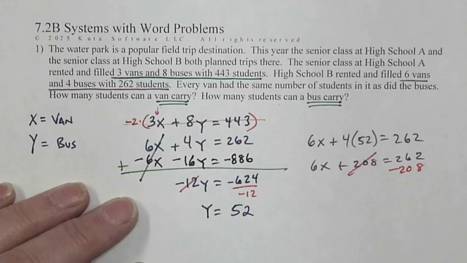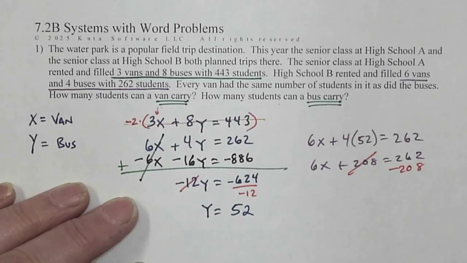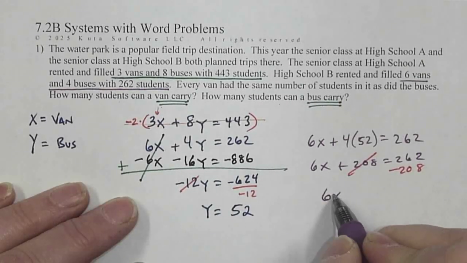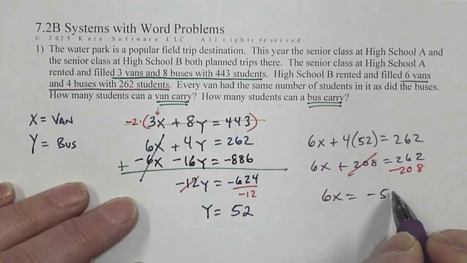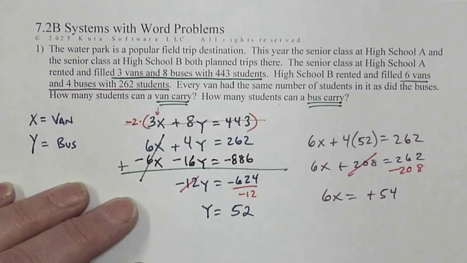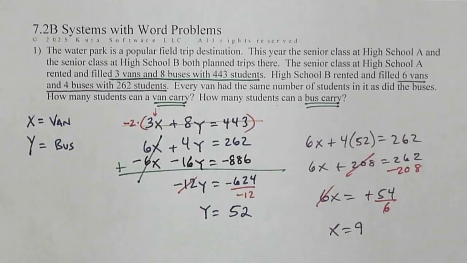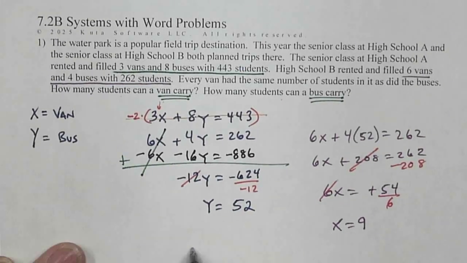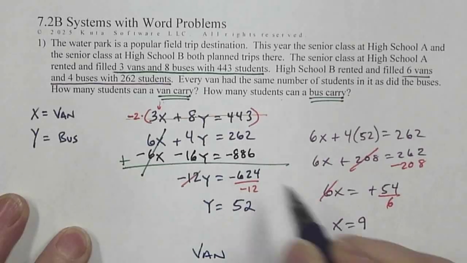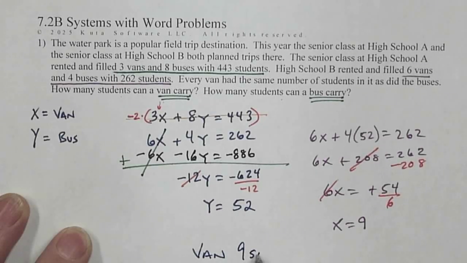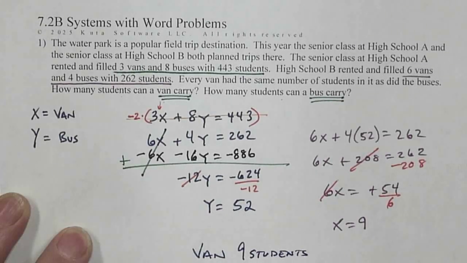I'm going to subtract, get 6x equals positive 54, divide by 6, and x will be 9. And so that tells me that a van, which is x, has 9 students, and a bus has 52 students, which kind of sounds right.